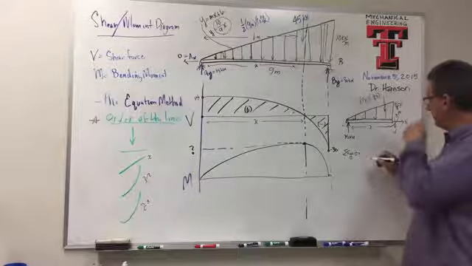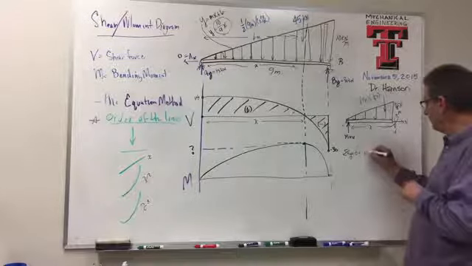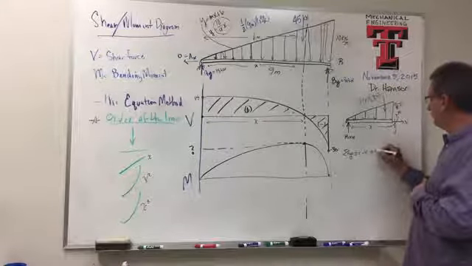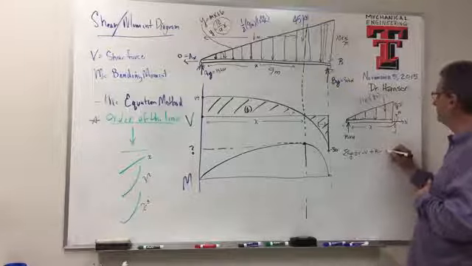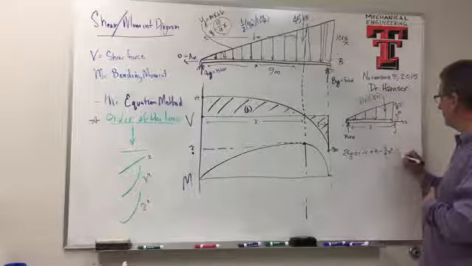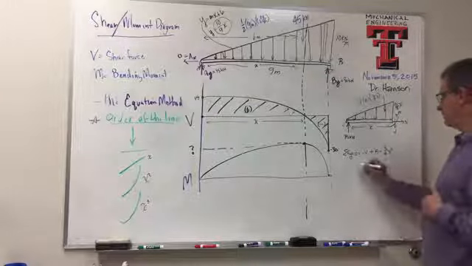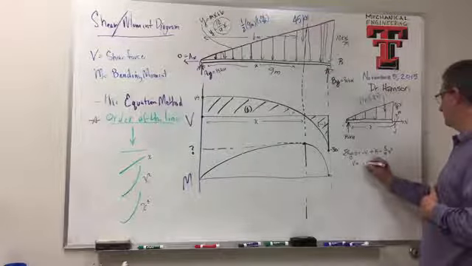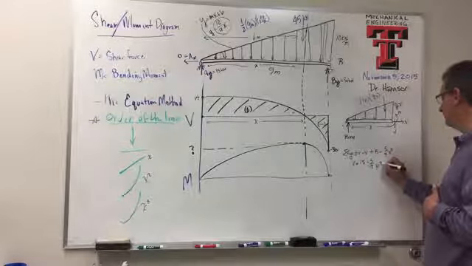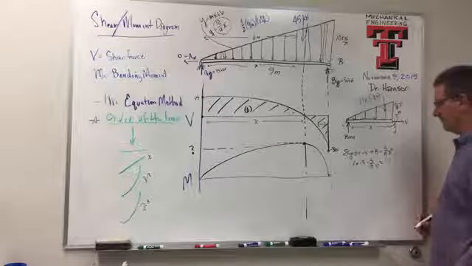In the y direction, I have minus V, plus 15, and then minus 5 ninths x squared. So V equals 15 minus 5 ninths x squared.